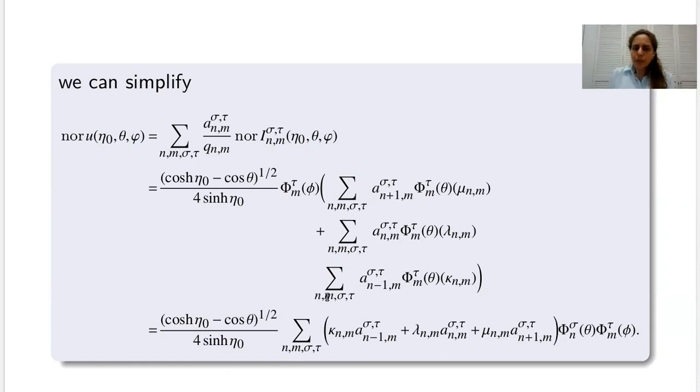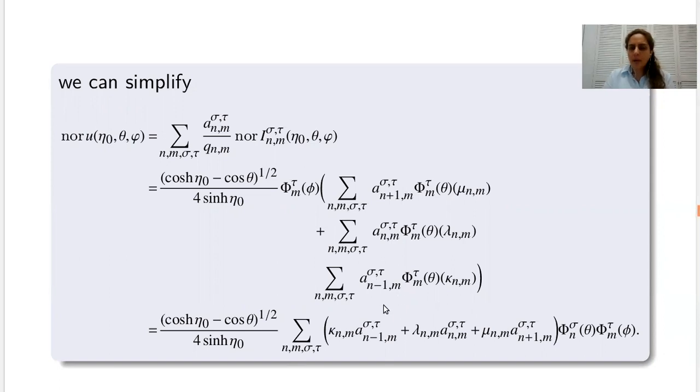If we substitute norm I that we calculated already here, after some calculations we will find that this is equal to these expressions, which are in 3 terms: a n m sigma tau, a n plus 1 m sigma tau, and a n minus 1 m sigma tau.